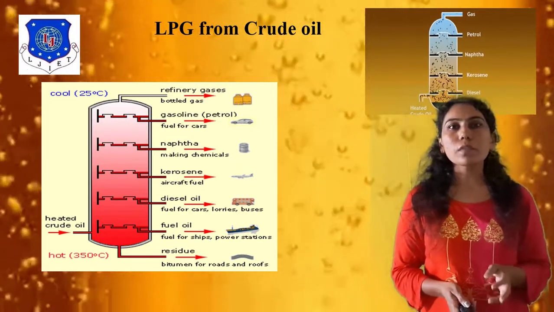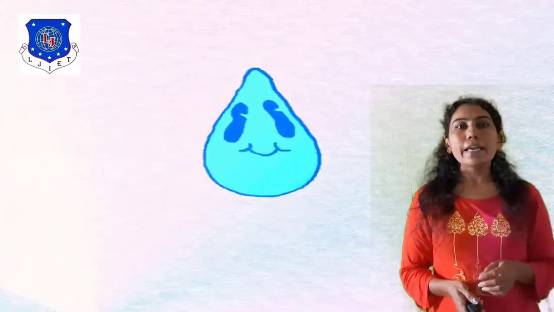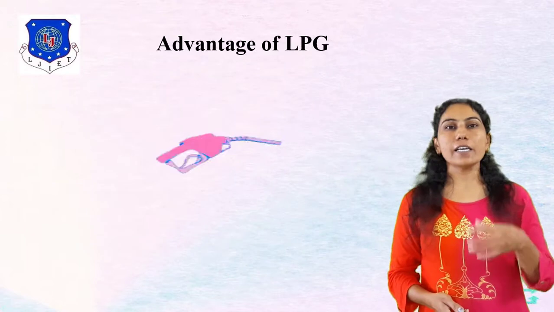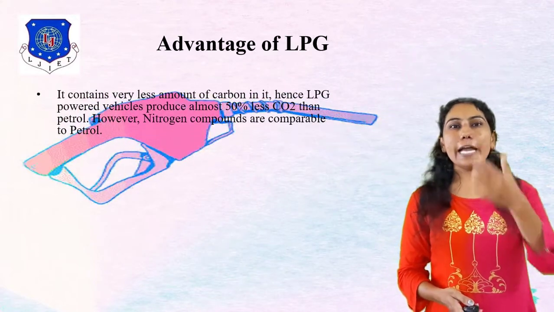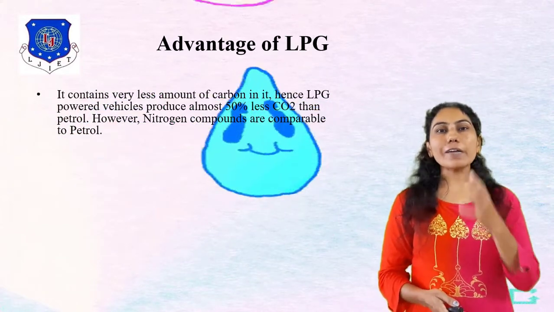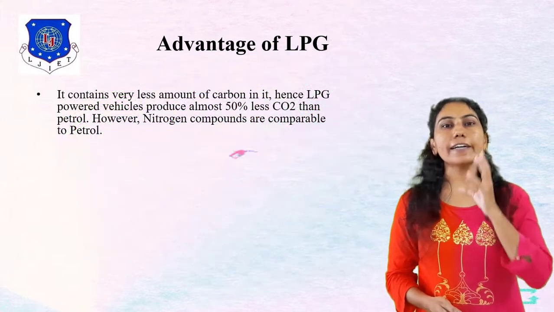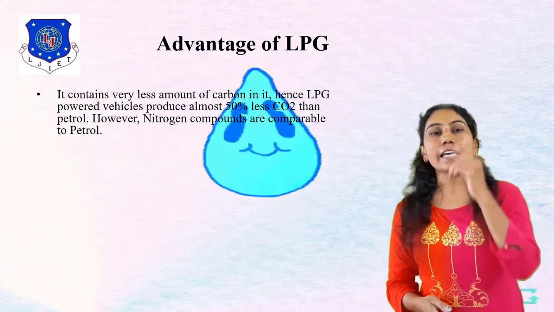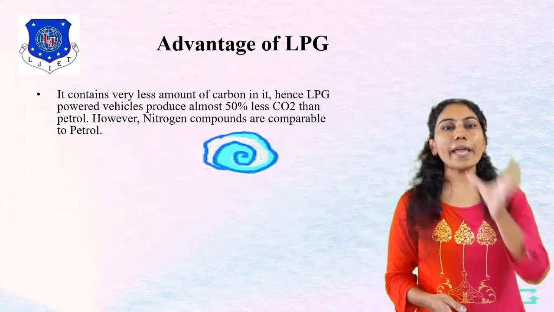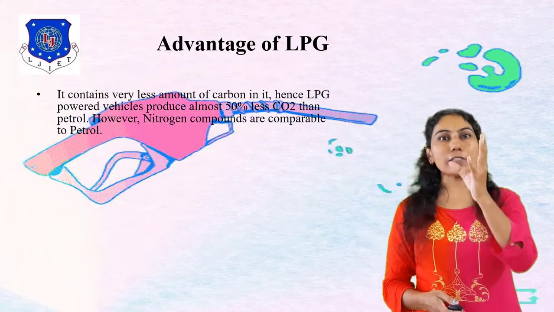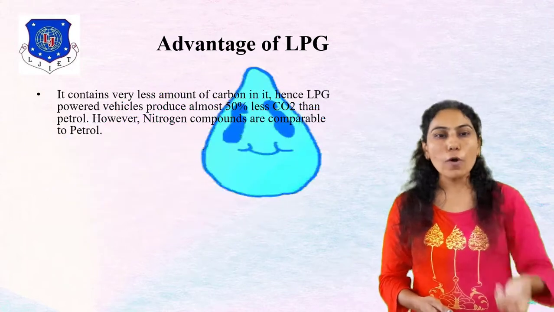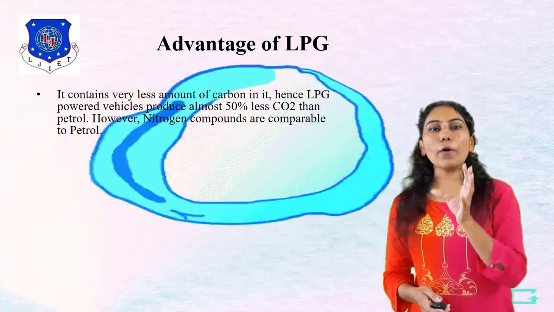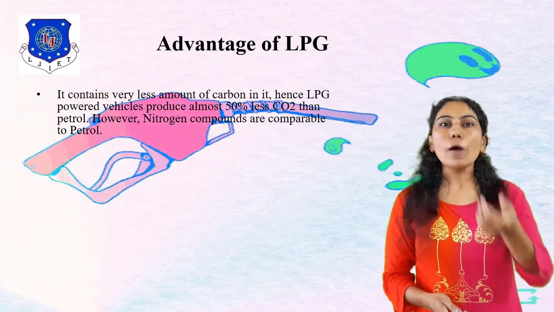Next are the advantages of LPG, liquefied petroleum gas. It contains very little sulphur. An LPG-powered vehicle produces almost 50% less CO2 compared to petrol, and nitrogen compounds are comparable to petrol.